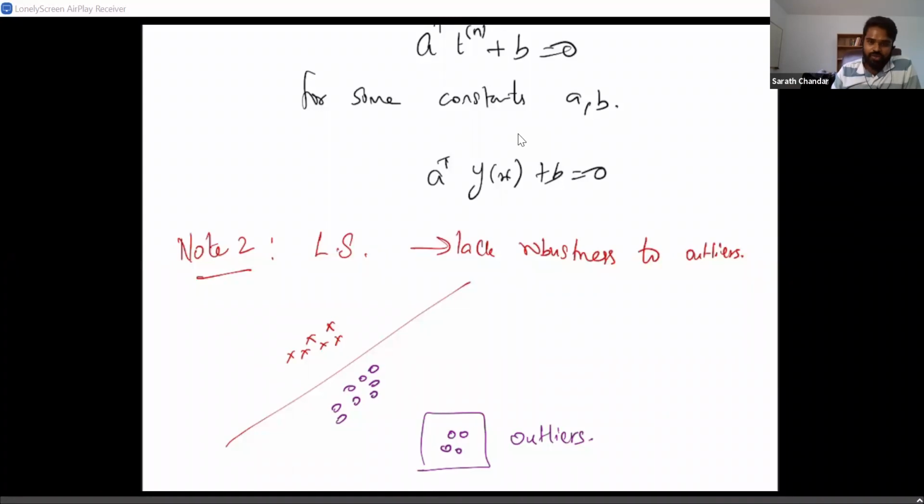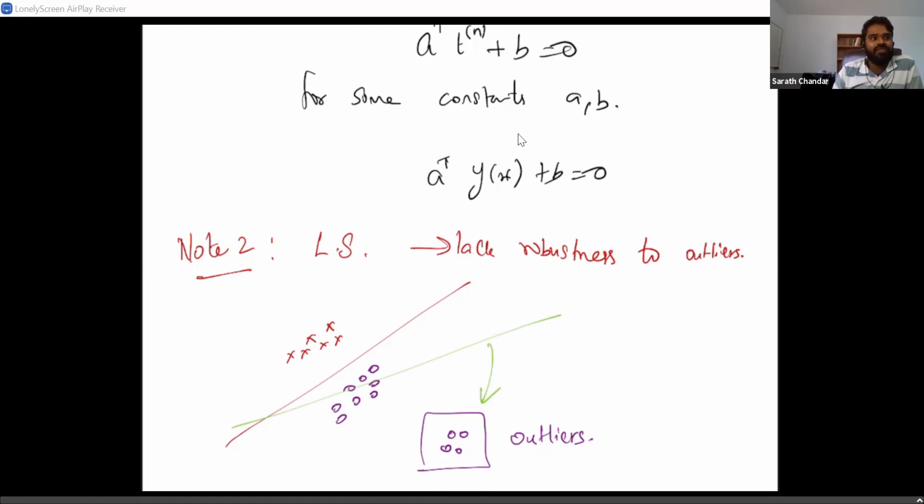But the least square solution would actually consider these data points, and hence it's going to change the decision boundary. Let me draw another decision boundary. It will go something like this, because it gets pulled by the outliers.